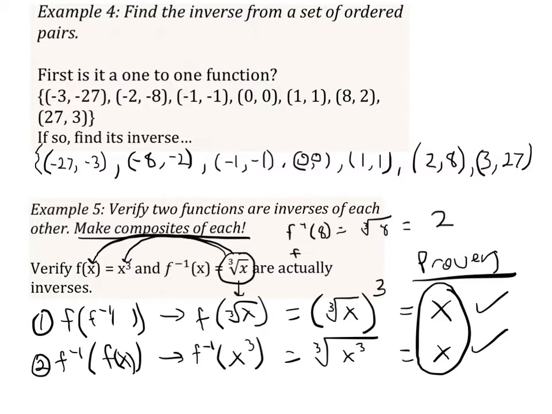Now if I take that 2 and I plug it back into f of x, so 2 cubed is equal to 8. If I get back to where I started from with my inverse, then I've proven they're inverses as well. And you could go backwards. You could say, what is f of 2? Well, f of 2 would be 8. And then, what's f inverse of 8? Well, that's 2. So you get back to where you started, so they're inverses of each other.